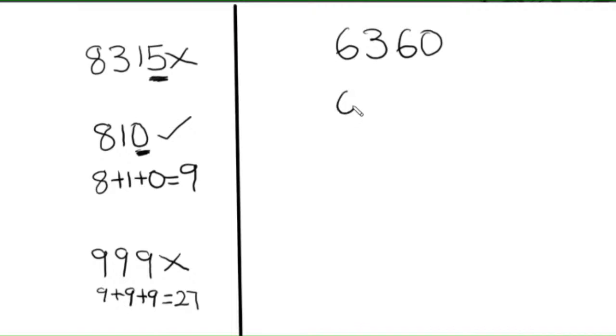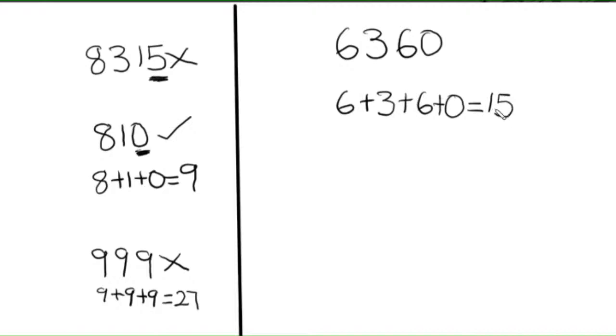So it is 6 plus 3 plus 6 plus 0. When we add, 6 plus 3 is 9. 9 plus 6 is 15. 15 plus 0 is 15.